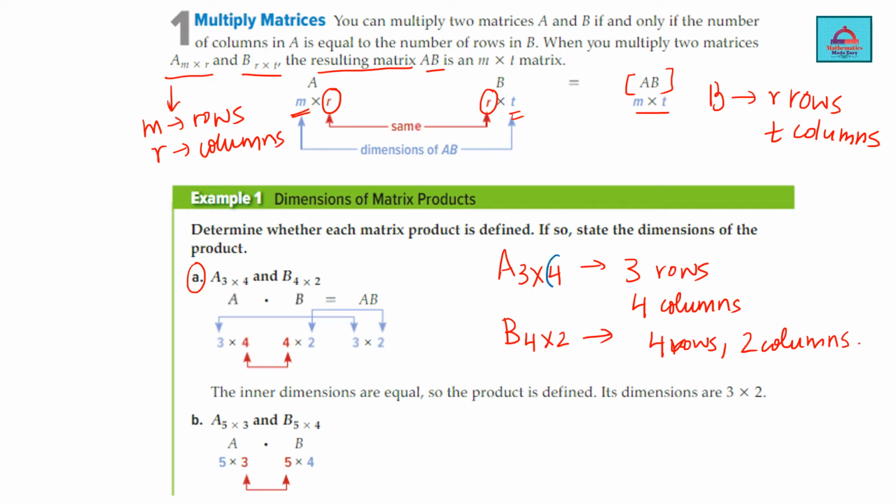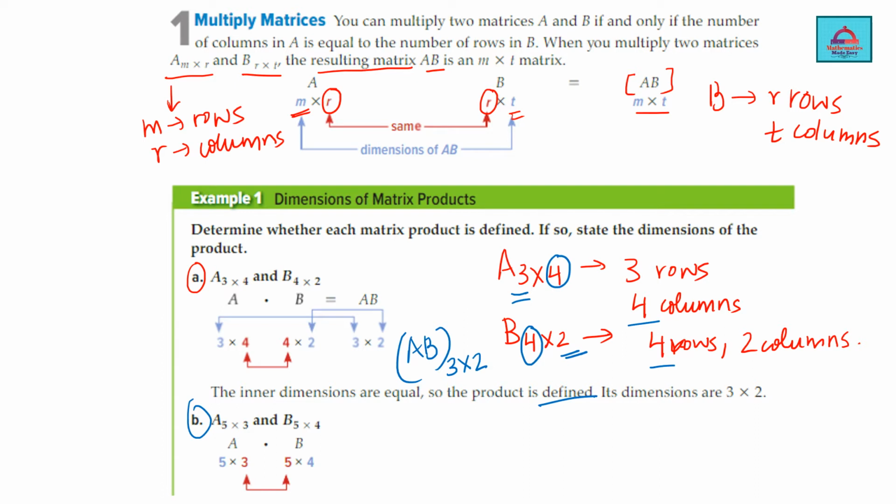So the number of columns and the number of rows, correct, both are equal. Both are equal to 4. So it means the product AB is well defined, and the resulting matrix is going to have the remaining dimensions. So AB matrix is going to have 3 cross 2 order, means 3 rows and 2 columns. So it's well defined.